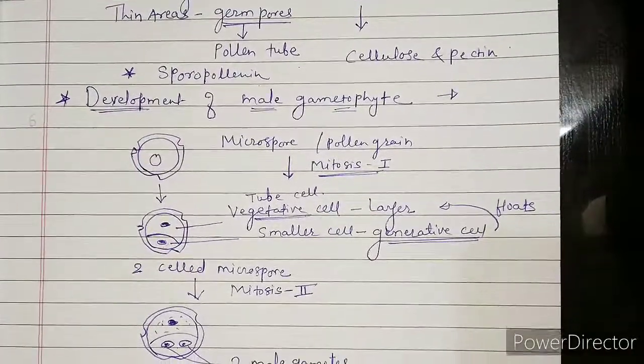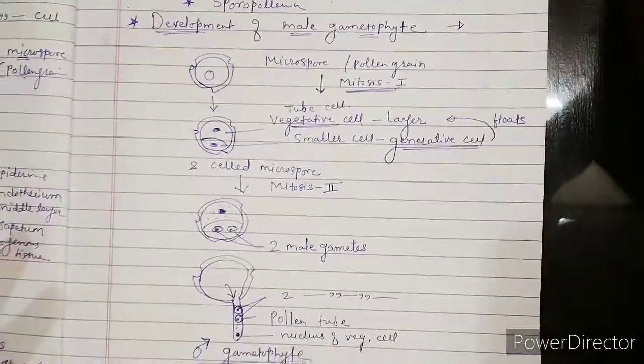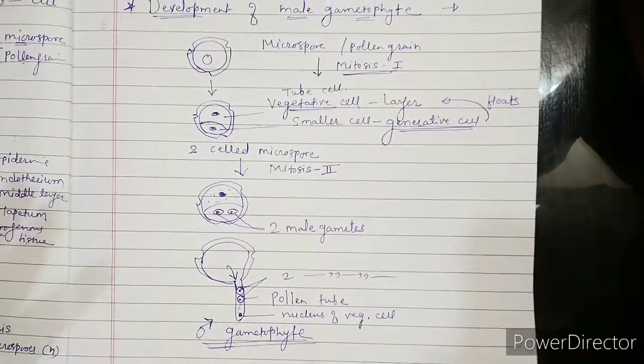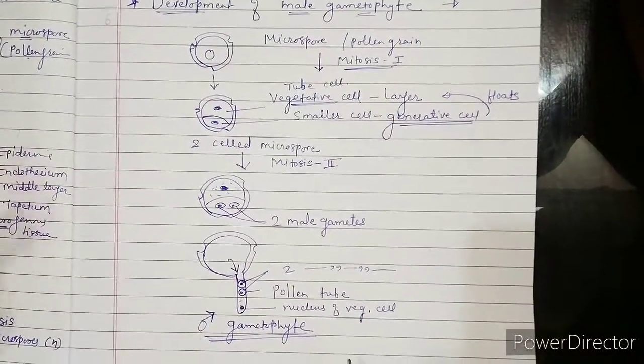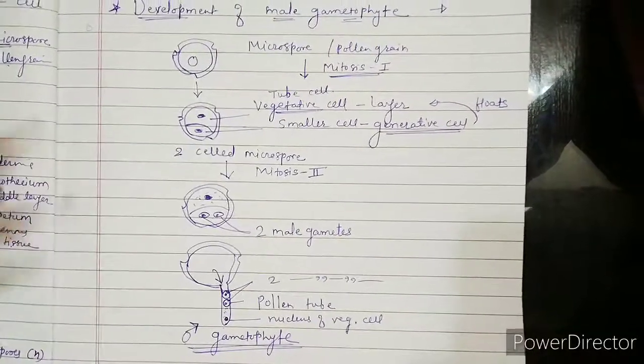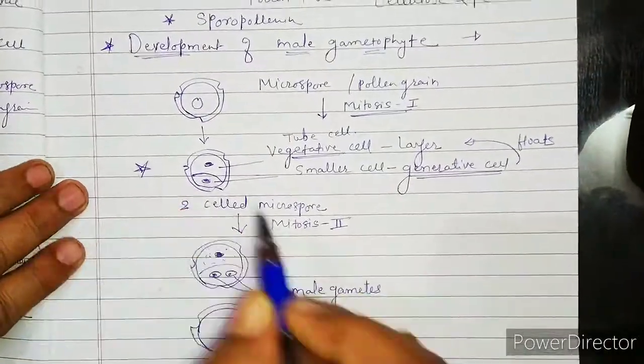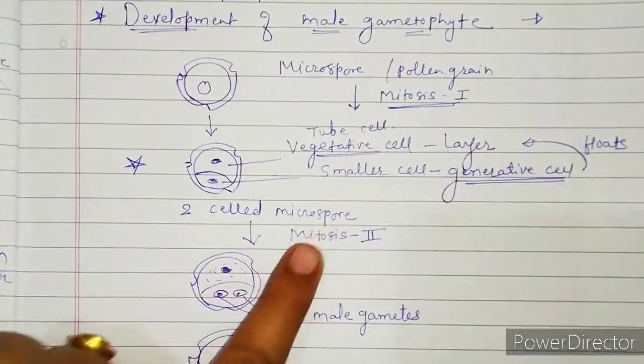The last important point is about pollination. During pollination, pollen grains are transferred from the anther to the stigma of the receptive flower. This stage is very important: the two-celled microspore stage.